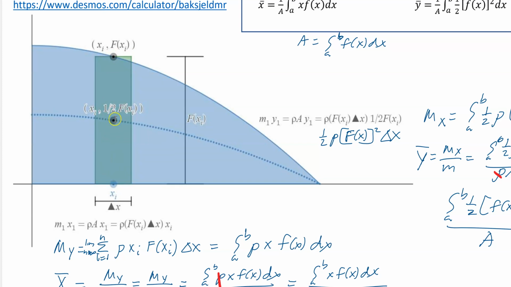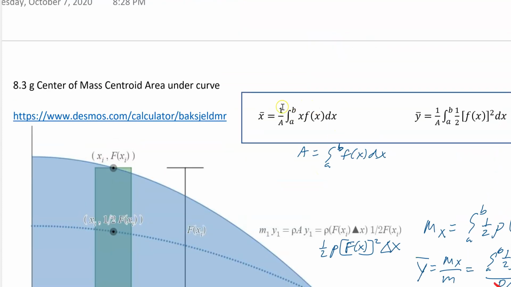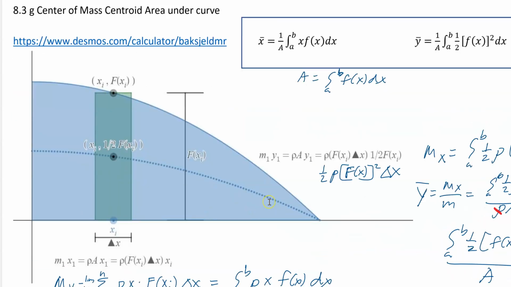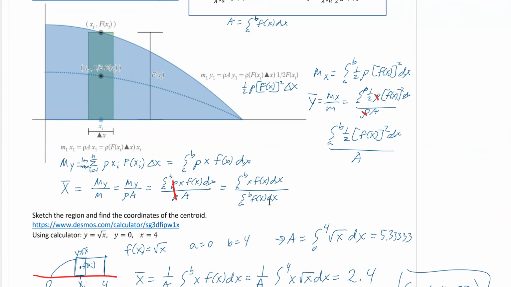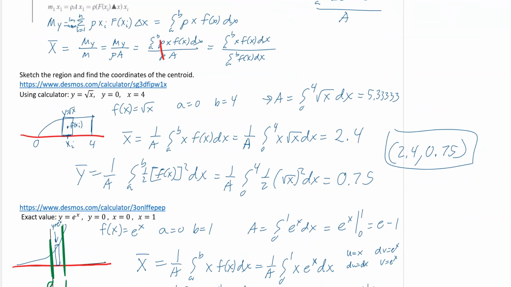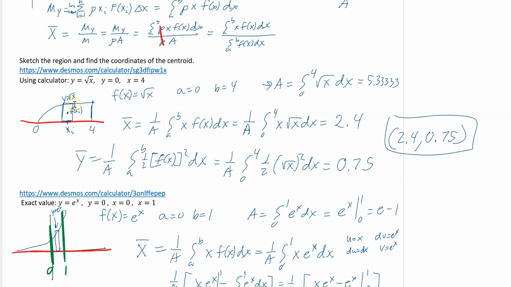And then you're taking that y location, which is 1/2 times f of x, and multiplying it by the area. Then you're adding them all up with an integral and dividing by the total area. That's all this is. And that's why your 1 over a is kind of stuck out there. This is your moment, and that's your moment, and divide by a, divide by a. So try to understand these, because it'll help you when you find your f of x. You want to just draw that rectangle, and whatever the height of that rectangle is, that's your f of x.